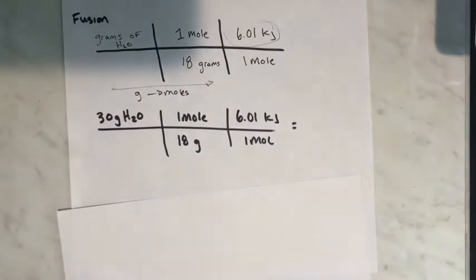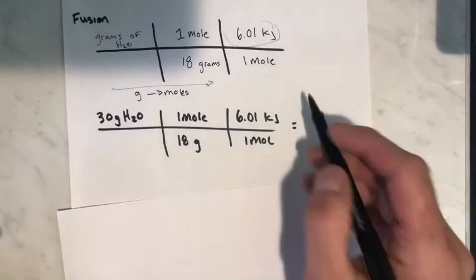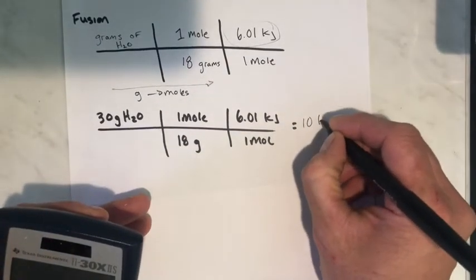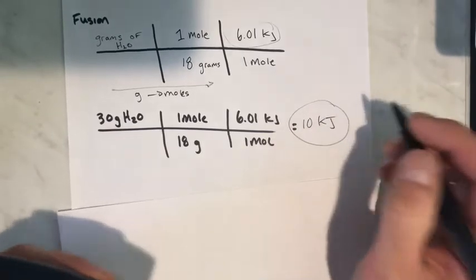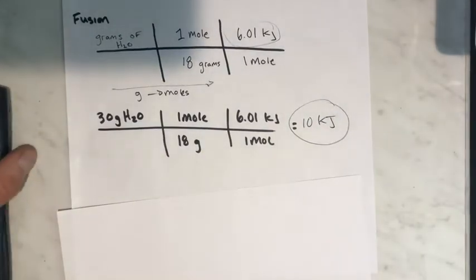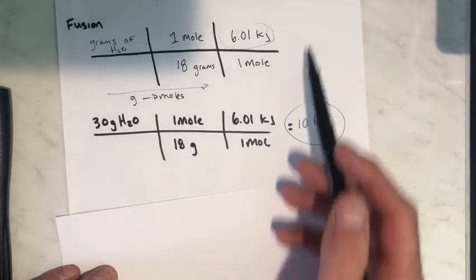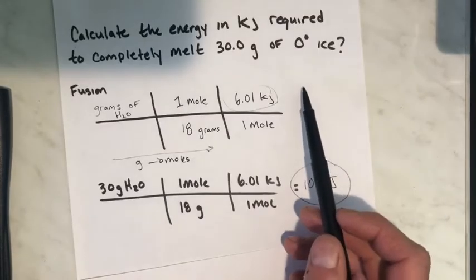And so in this problem, it ends up looking like this. We have our 30 grams of water. Okay, 30. We're going to multiply it by the 6.01 and divide that by 18. And that gives us 10.0, I'm just going to say 10 kilojoules of energy. Okay, so it takes 10 kilojoules of energy to completely melt that ice into water.